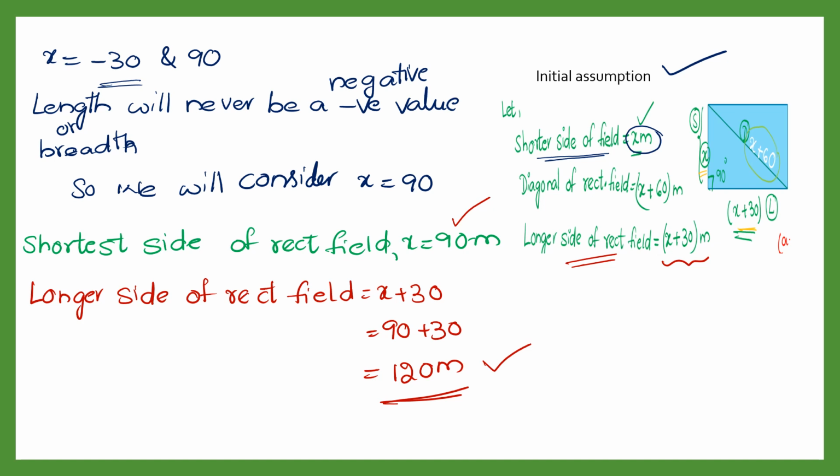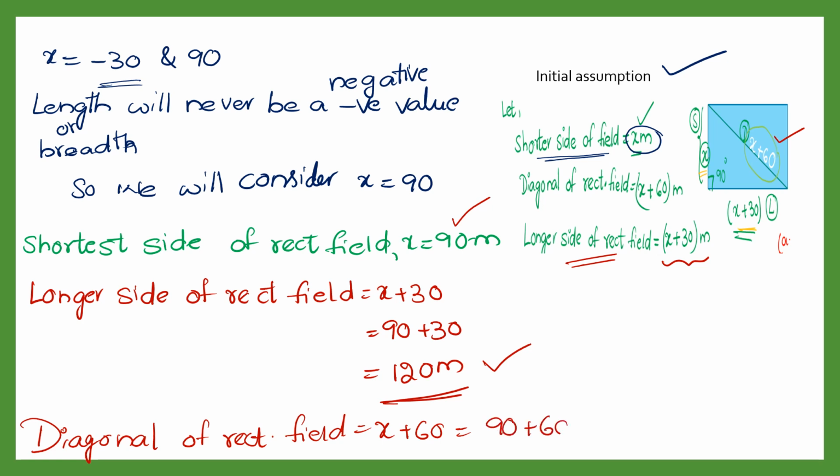If you want, we can find the diagonal of the rectangular field also. The diagonal of the rectangular field is what? We assumed x plus 60. That means 90 plus 60, that is 150 meters.